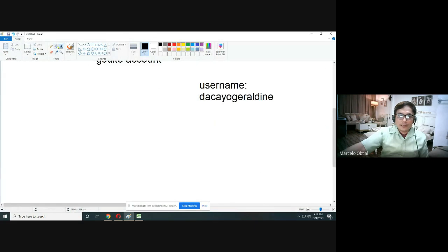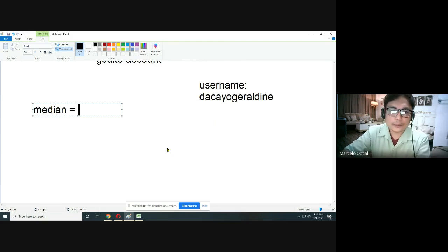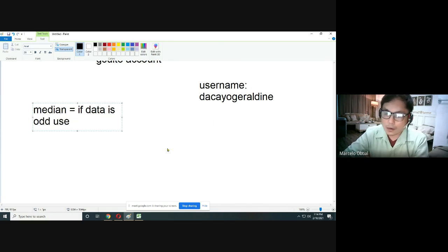This will be our whiteboard. Okay, median. I think there's no question regarding the mean or the average. For median, if data is odd, use n plus 1 divided by 2 formula, no?